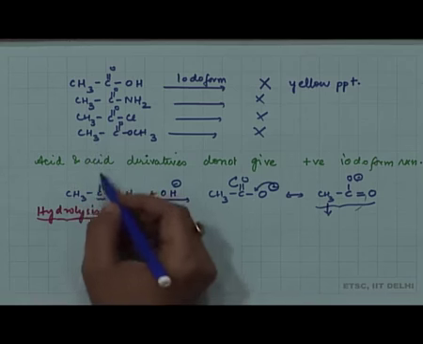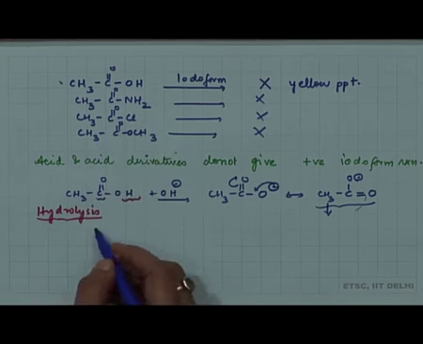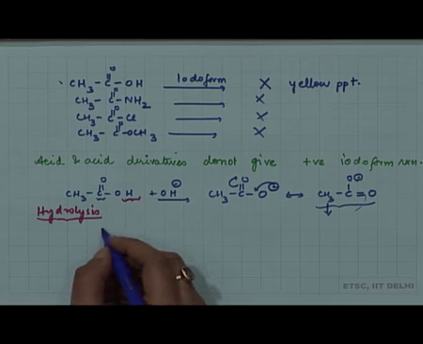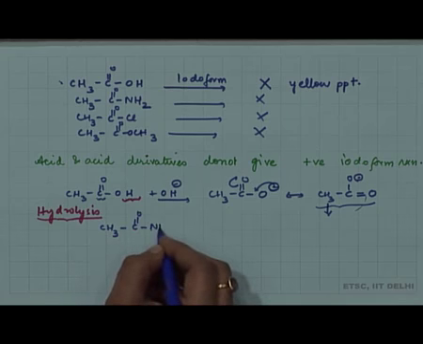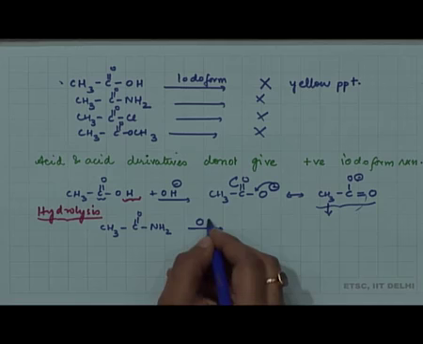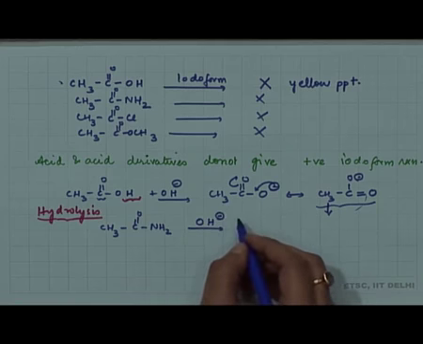So, this is the reason why an acid will not give a positive iodoform reaction, and on a similar rationale you can imagine why an acetamide will also not work under these conditions.